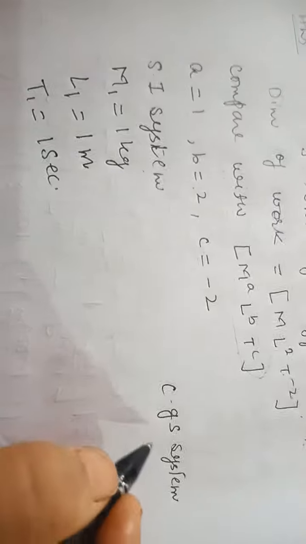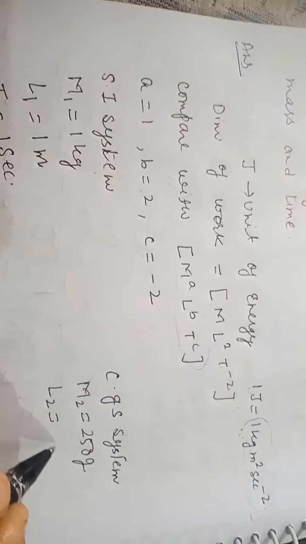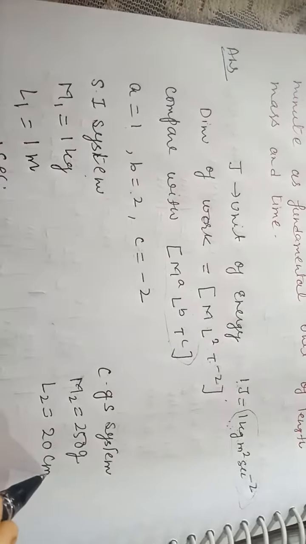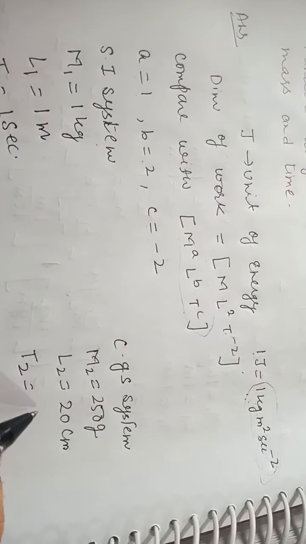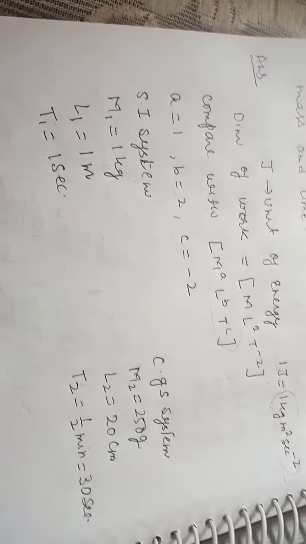Okay, now in the CGS system, in this condition, m2 is equal to 250 gram, L2 is 20 centimeter, and T2, half minute, means 30 second.